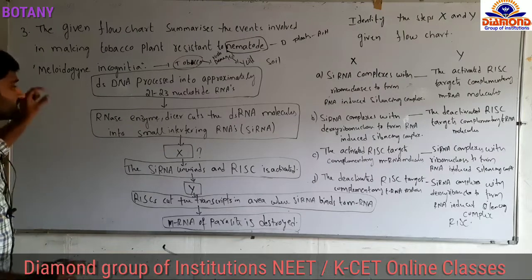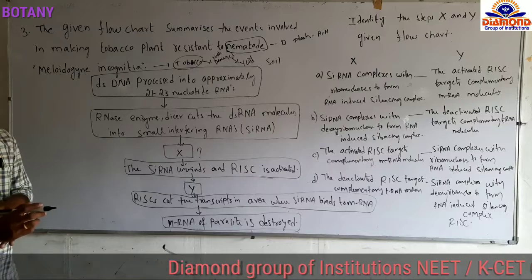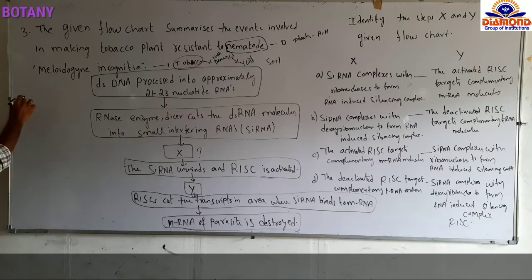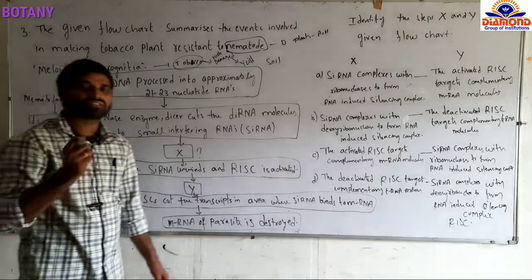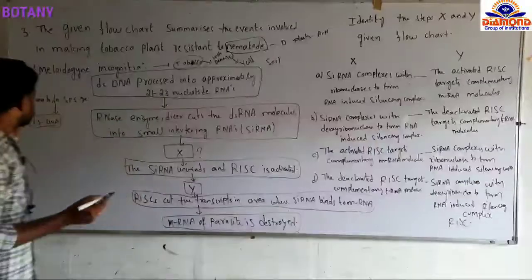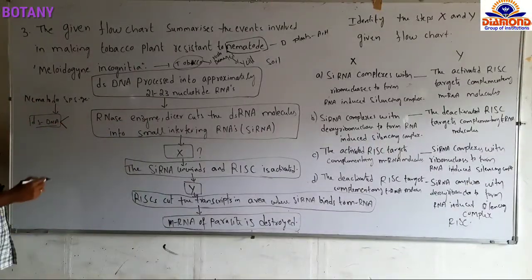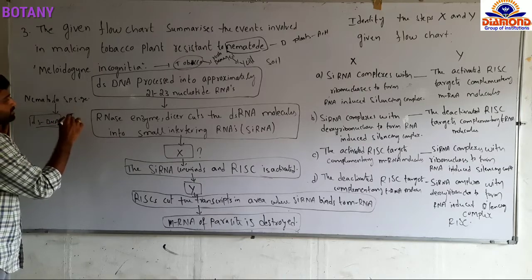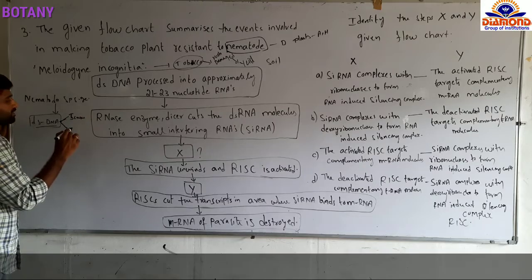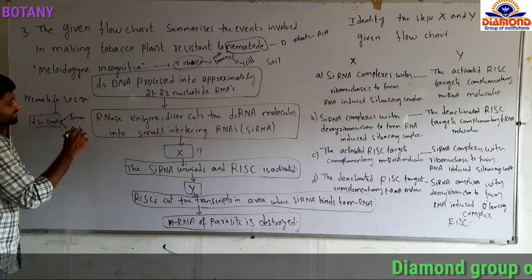Further, we have to collect the nematode specific gene. So we isolate the nematode specific gene, which is present as double-stranded DNA. That double-stranded DNA is synthesized by the reverse transcriptase mechanism, and it has two strands: one is the sense strand, and the other is the antisense strand.